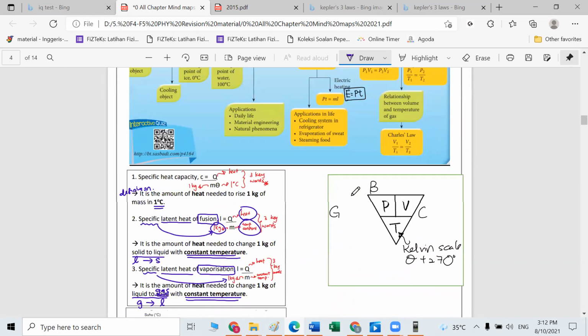Okay, so now, 270. Oh yeah, 270. Okay, so now, the Kelvin again. 273.